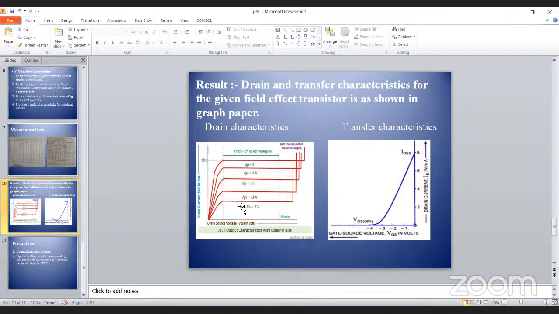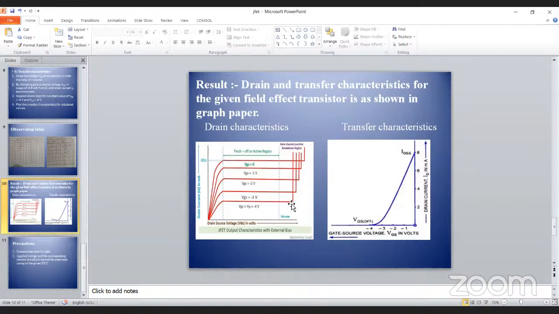This part of the characteristic where ID increases linearly with VDS obeys Ohm's law. After that, as we further increase VDS, ID remains constant. The drain source voltage from where ID becomes constant is known as pinch off voltage.